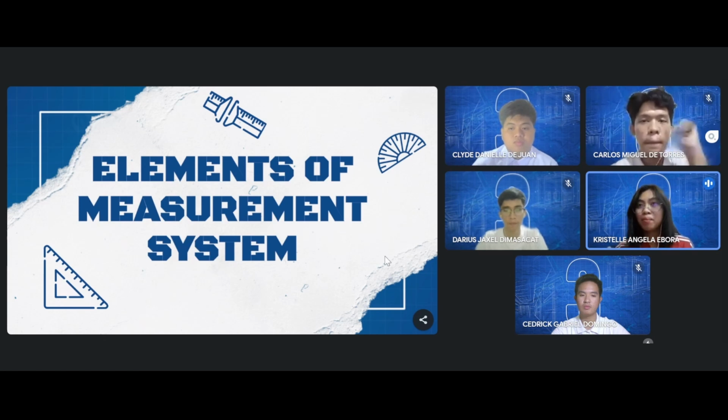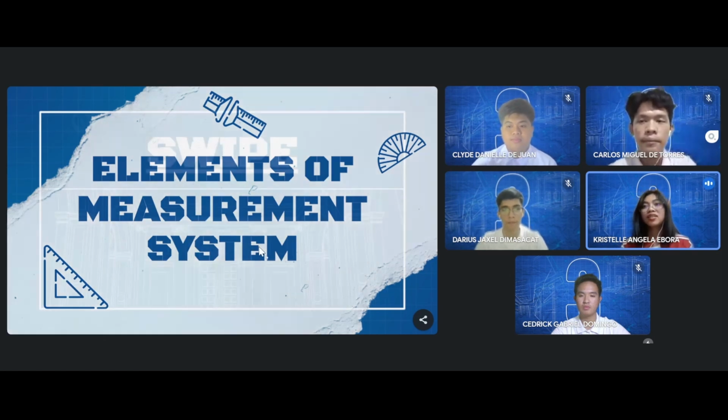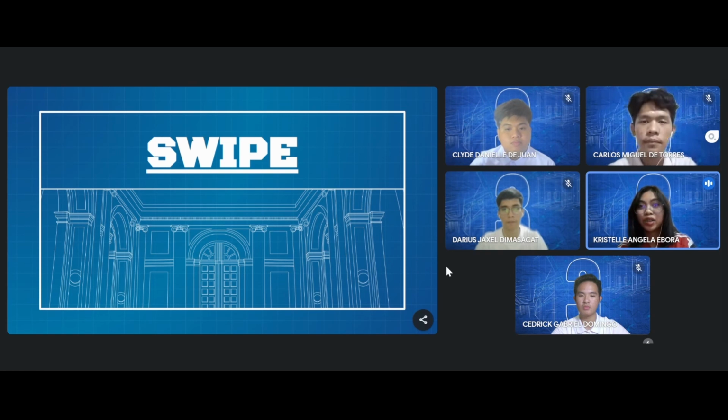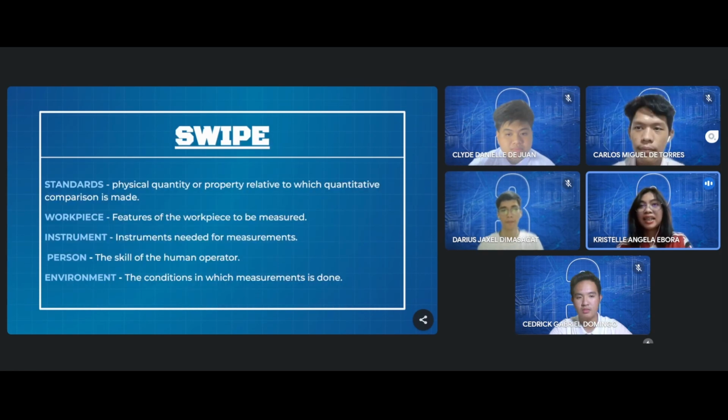To easily memorize these elements, just remember the acronym SWIPE. It stands for Standard, Workpiece, Instrument, Person, and Environment. First is standards, which point out the physical quantity to which quantitative comparison is made.